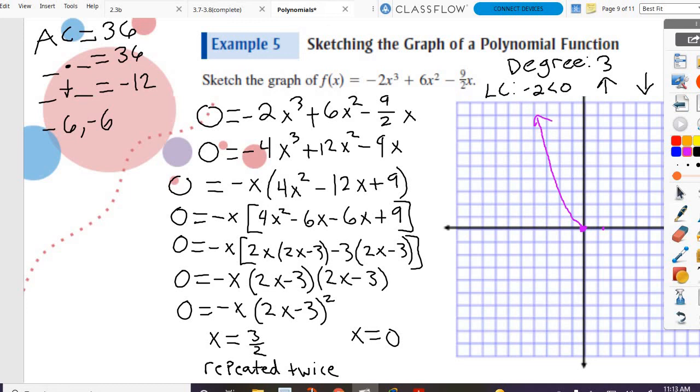Does that make sense? Are we all with me? If you really wanted to check yourself and make it super accurate, you could plug in a number. But I'm okay with just a rough sketch at this point. So then, at 0, what's our degree for just our x here?